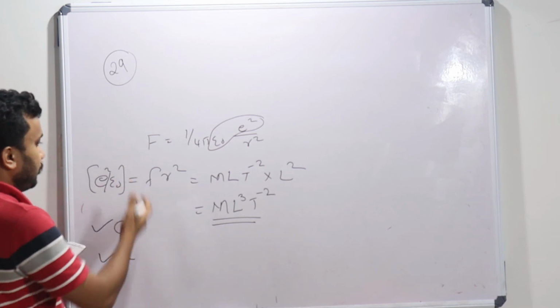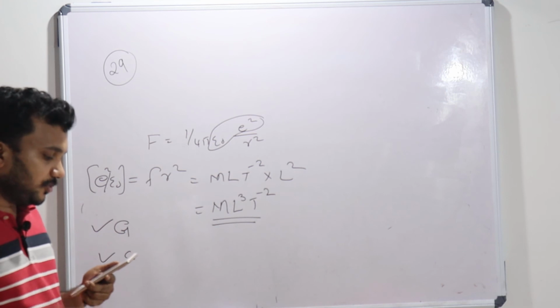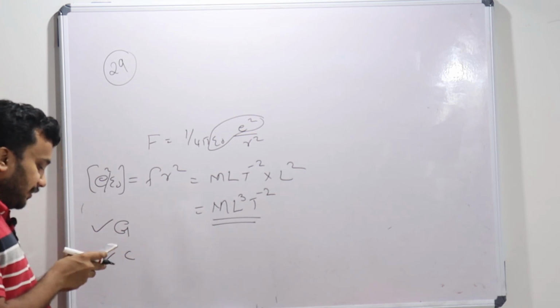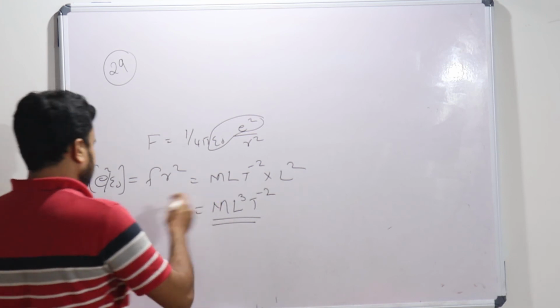So first you list all the dimension formulas, substitute in option A, option B, and find out.